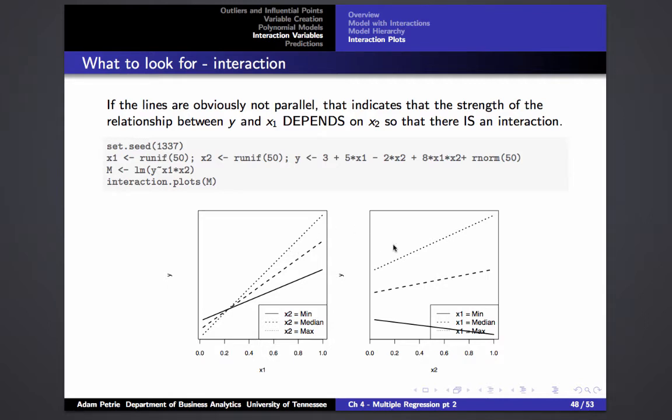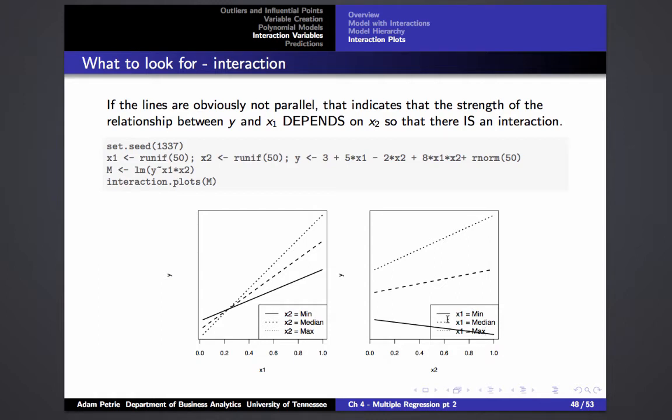All right. Same story, different angle here. How does the relationship between y and x2 change as x1 varies? Well, the relationship between y and x2 is slightly negative for the smallest values of x1, that's the solid line.